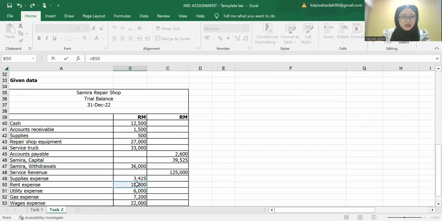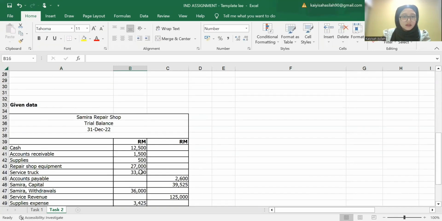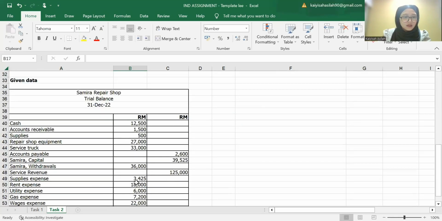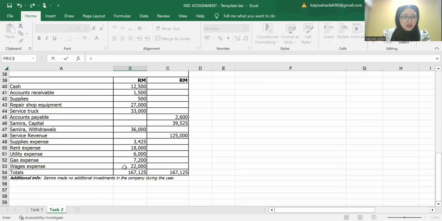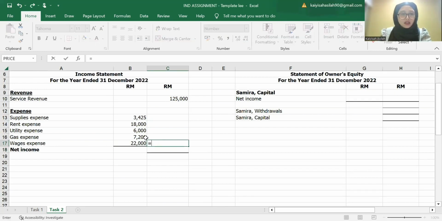Then rent expenses, and then utility and gas expenses, wages expenses. I have to sum all of the expenses, which is equal plus all the expenses, to get the total.